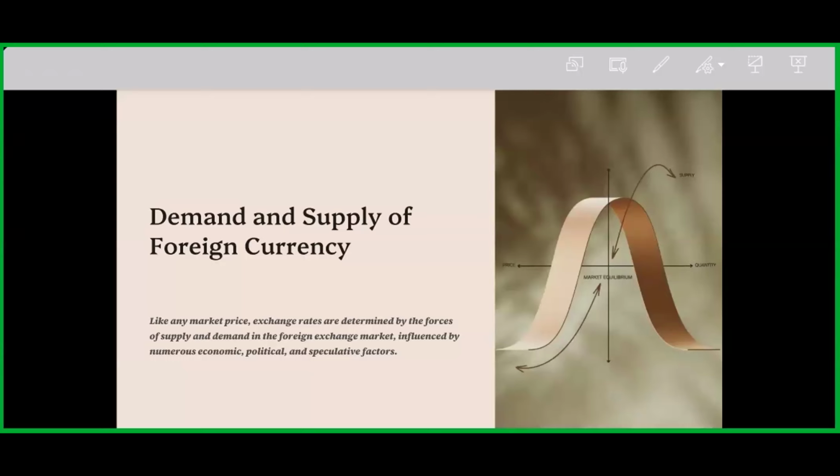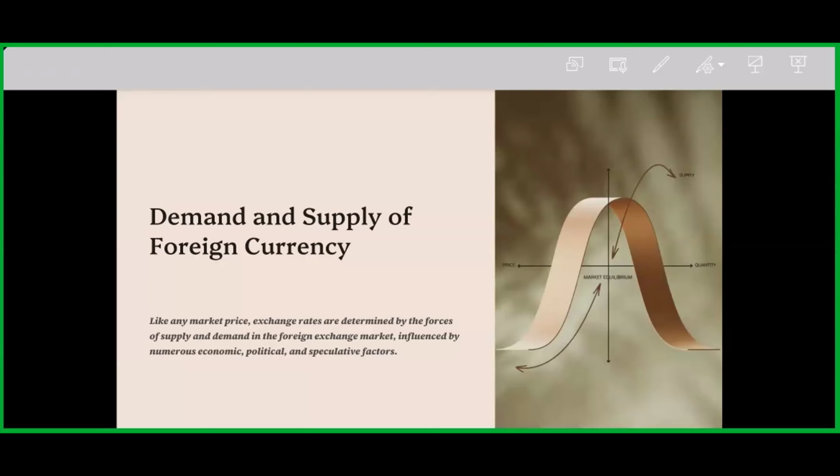So those countries which are doing economically well, automatically their demand for their currency on the international markets increases. Some are political factors. If there is instability in any country, automatically an economic slowdown is found in that country, and the demand for their currency on the international market decreases.